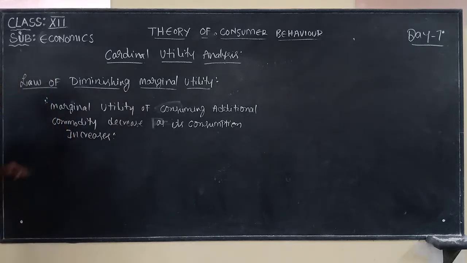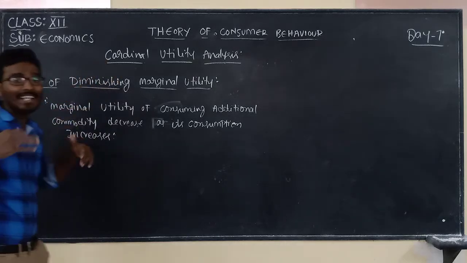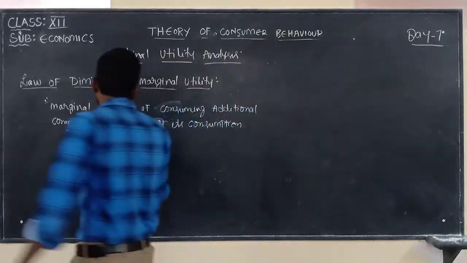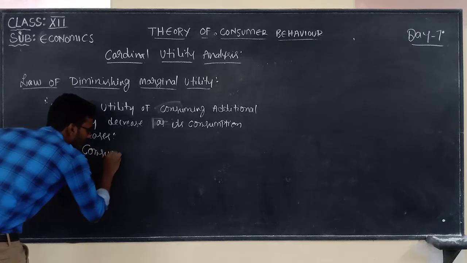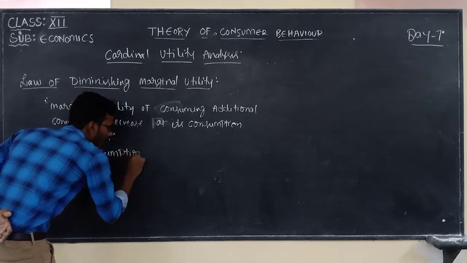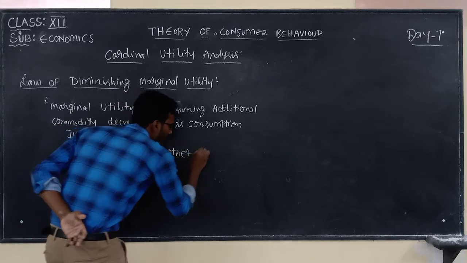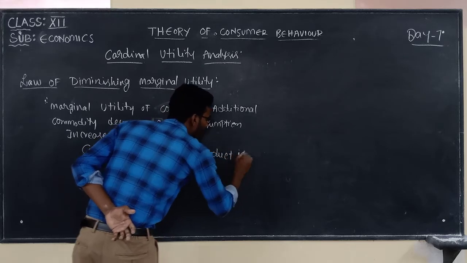That is known as the law of diminishing marginal utility. Here, other things remain constant, meaning the consumption of other products. Here it is the assumption: consumption of other products is constant.